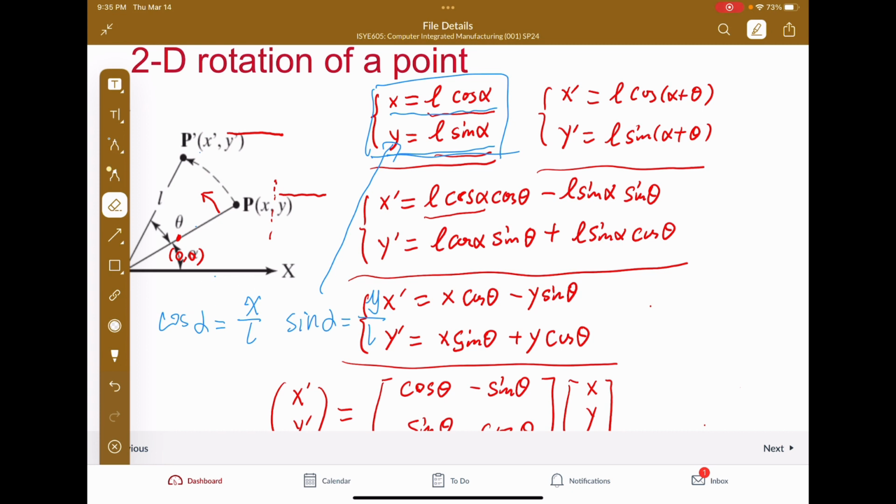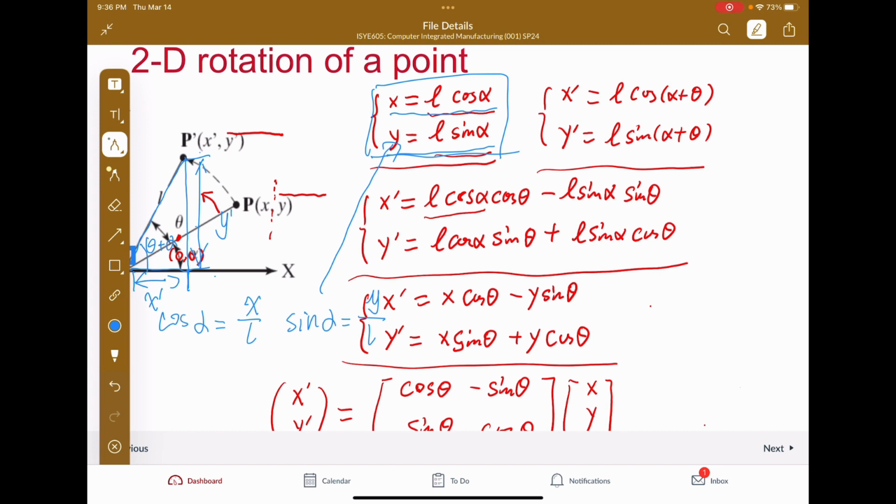The second one goes from the origin to the P prime, this triangle. In this triangle, this length is x prime, and this length is y prime. This angle is theta plus alpha.